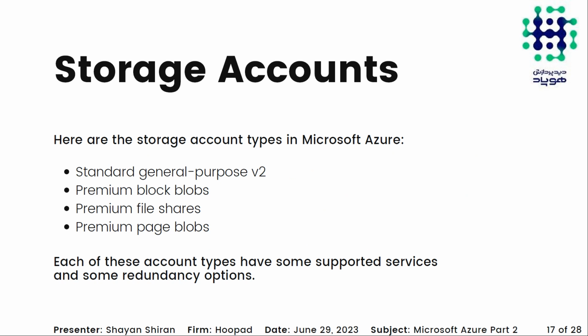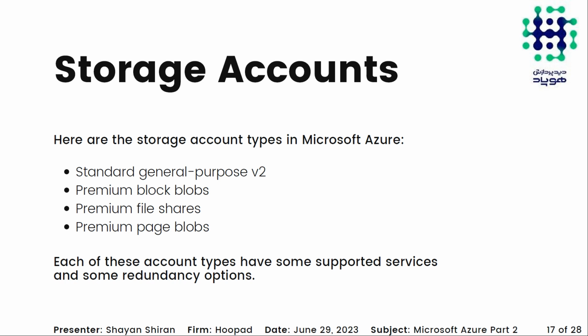Let's talk about storage accounts. This is going to be our last part in today's presentation. Azure storage accounts are categorized in these 4 categories: standard general purpose version 2, premium block blobs, premium file shares, and premium page blobs.